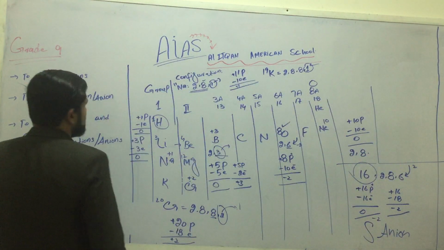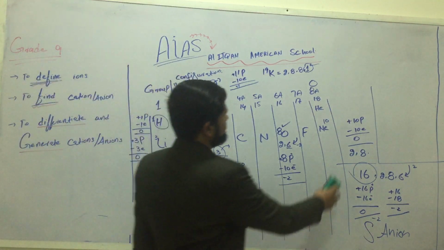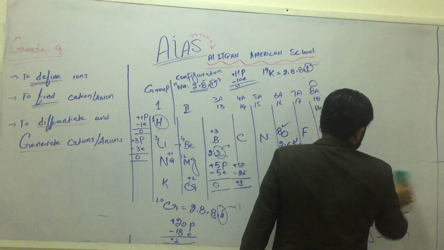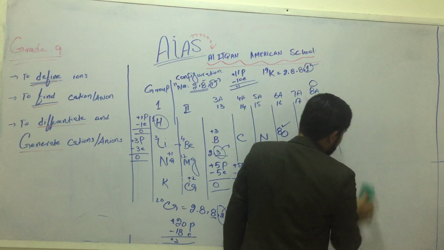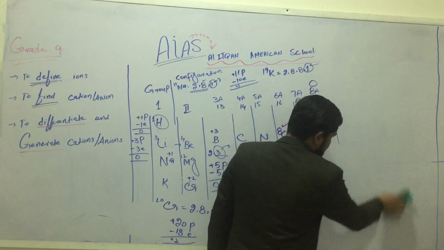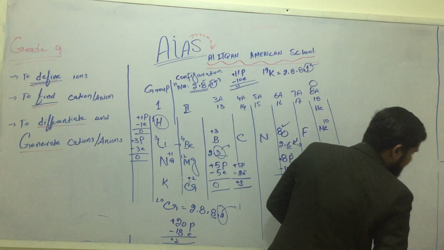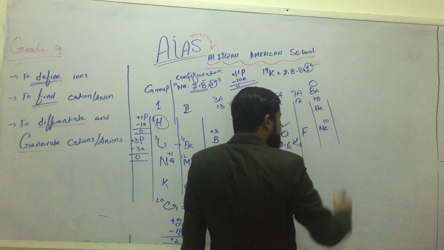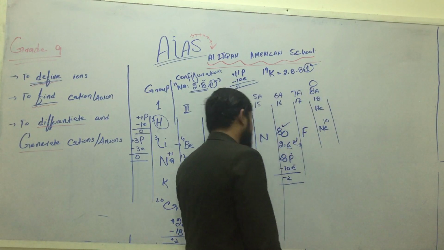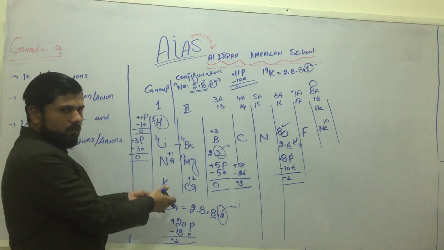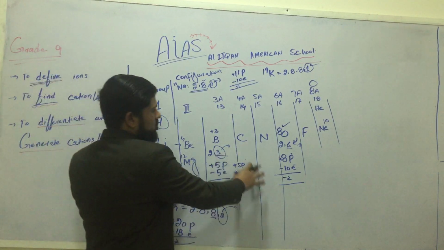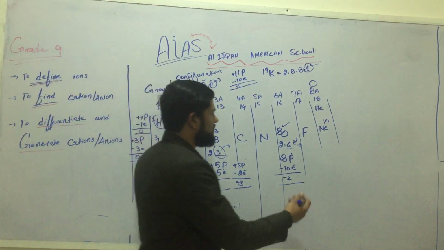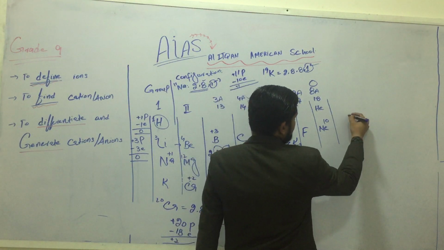So let's talk about the charges on metals and non-metals, because in the slides I mentioned one. For example, let's take any metal. As you know very well, the first two groups are all metals, and there are transition metals, but I will just take a common name.